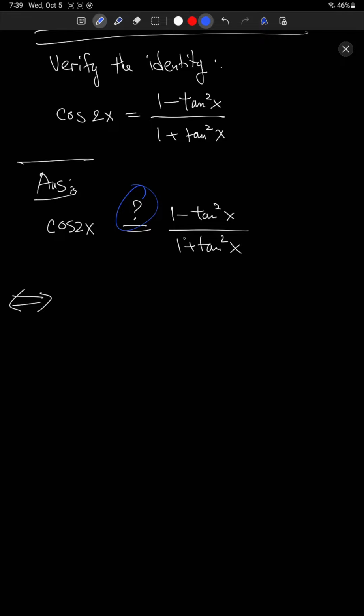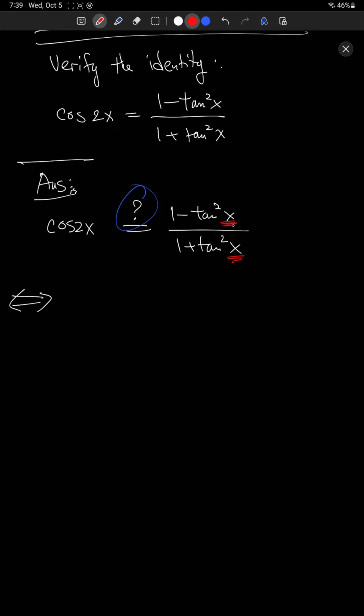So my thought process here is that I have tangent of just x here. There's no way I can check whether they're the same if I have trig functions of just x's on one side, and trig functions of two x's on the other side. So what I really want is everything to be in terms of trig functions of just x, right?